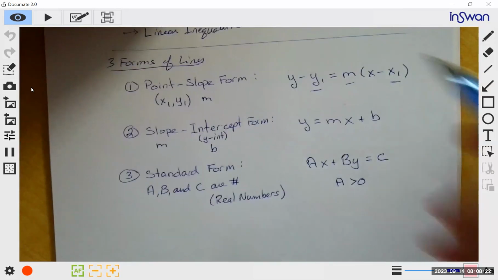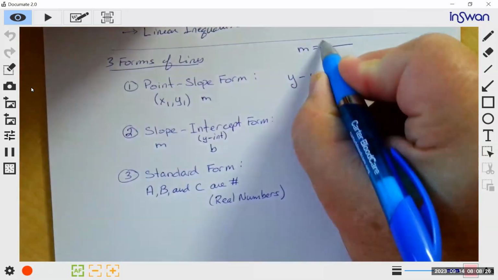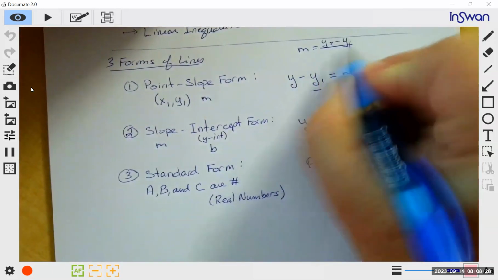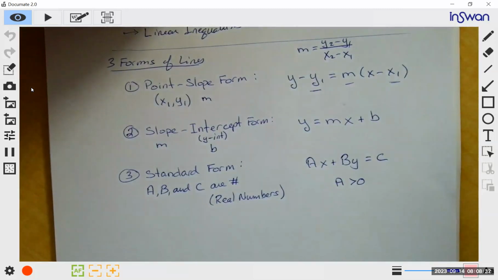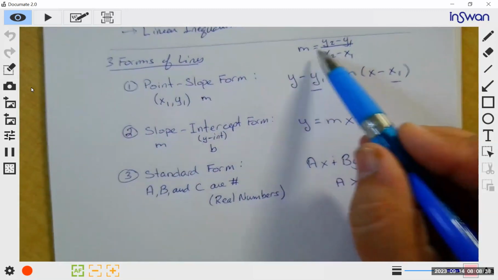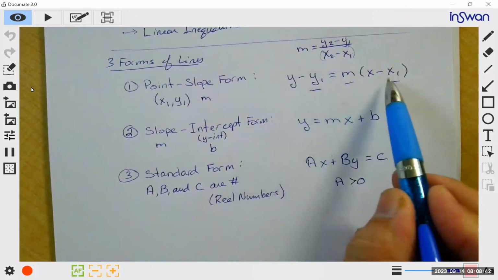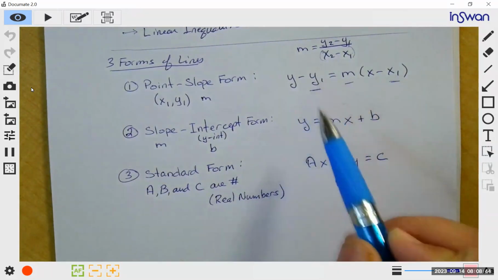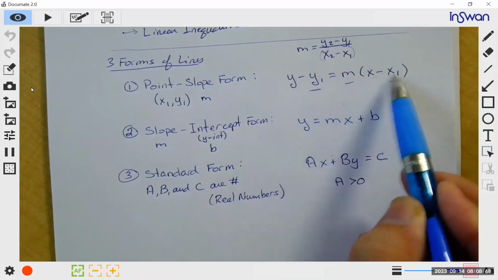All of these equations started from this equation. Right, so right here, if I take this equation and I multiply both sides by the denominator, I get this one. Y2 minus Y1 equals M times X2 minus X1.